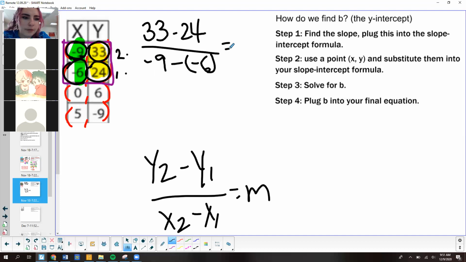All right, so go ahead and simplify that and let me know what it is in the chat. So what is our slope if we're using this information? So I see one guess.